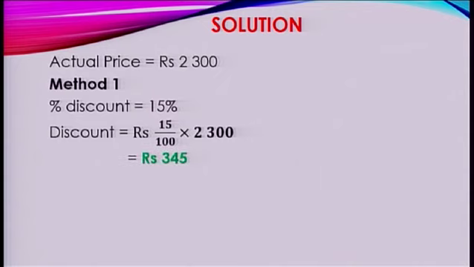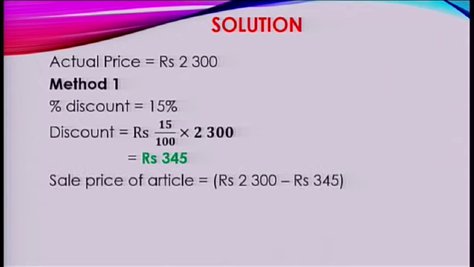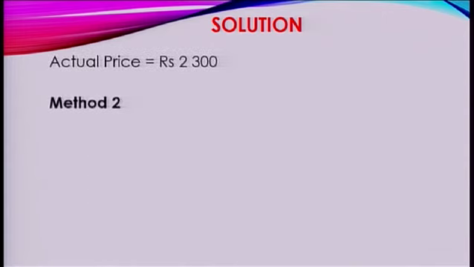So, the sale price of the article will be the actual price minus the discount. That is 2,300 minus 345, which is 1,955.